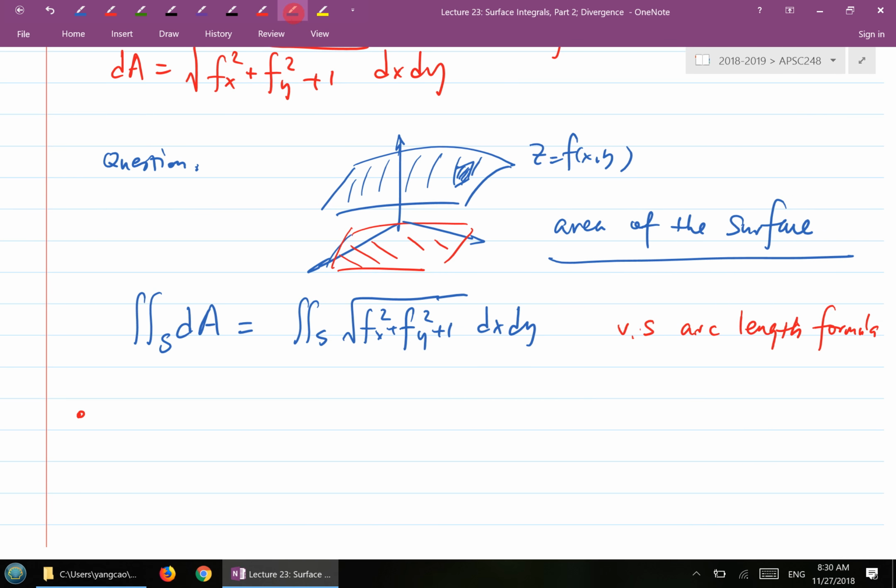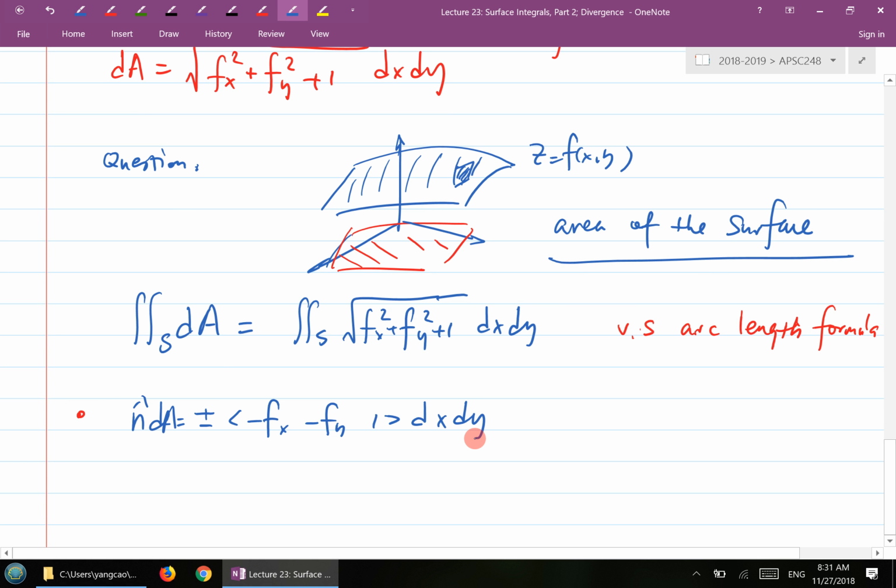And the other comment is this: n hat dA equal to positive or negative, in terms of the interpretation of the upward and downward information right here.